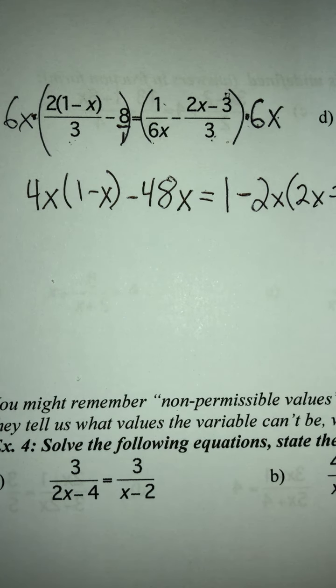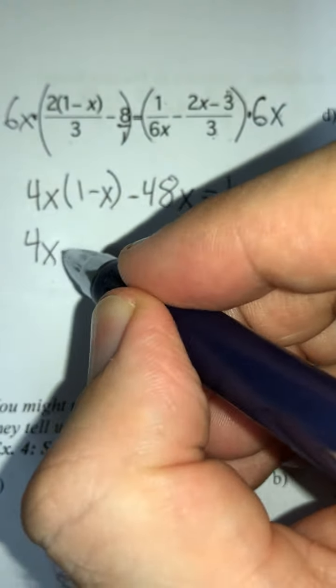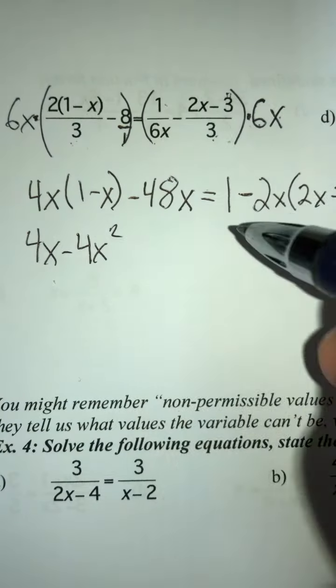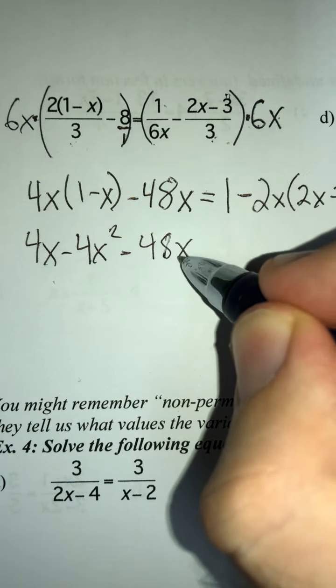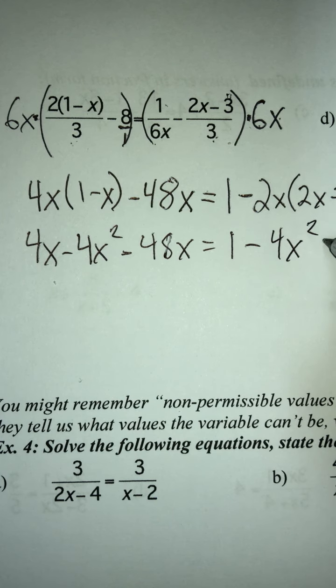So there we go. Now we can expand the brackets. This is what we've had on the previous page. Again, once I get rid of the denominators, I'm just doing what I did on the previous page, and that's about it. So we'll multiply this out. 4x minus 4x squared minus 48x equals 1 minus 4x squared plus 6x. Let's see, what can I do for this?